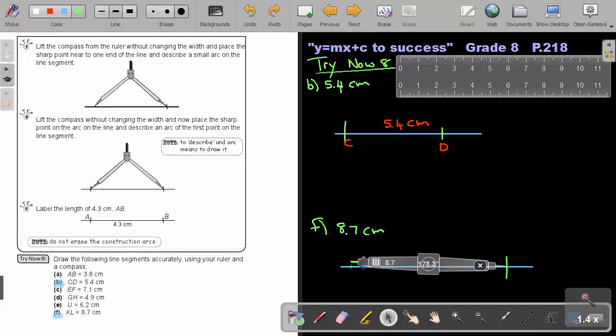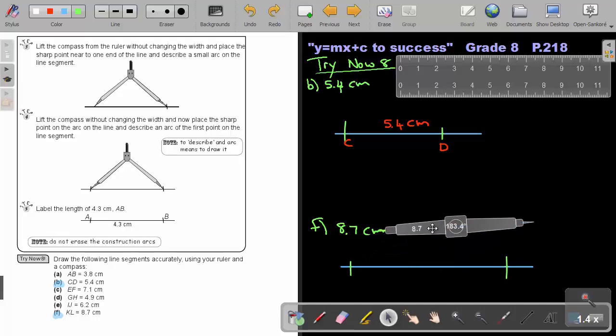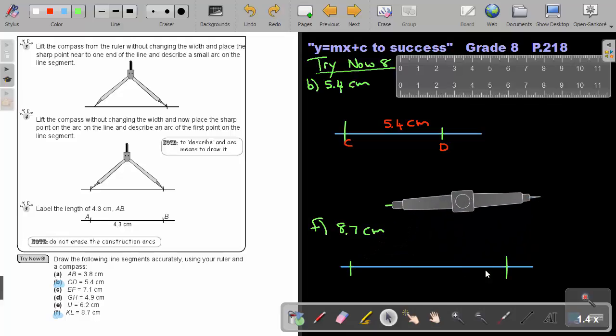And now I'm just moving this. Okay. And now, this distance, let's just call it KL. KL. And it's exactly going to be 8.7 centimeters. And that's how you mark off a length.